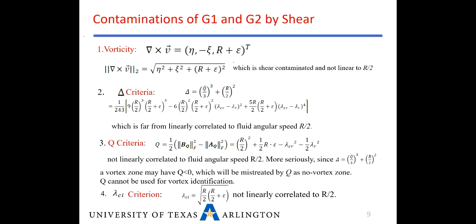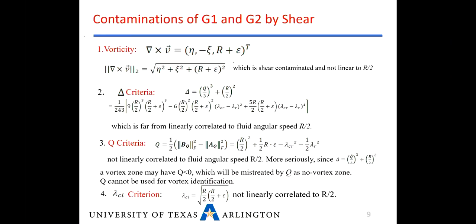It's contaminated. We talk about vortex as rotation. Why do you have these terms? So many terms. So when people use Q, they didn't realize that they put a lot of shear, a lot of stretching inside the formula.